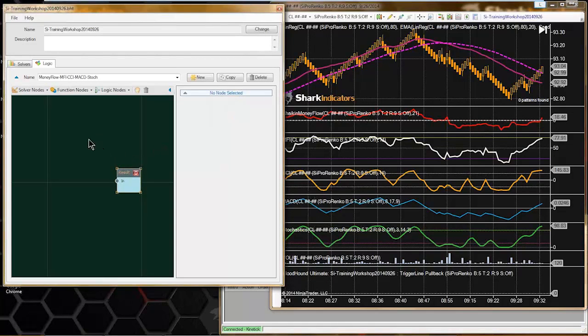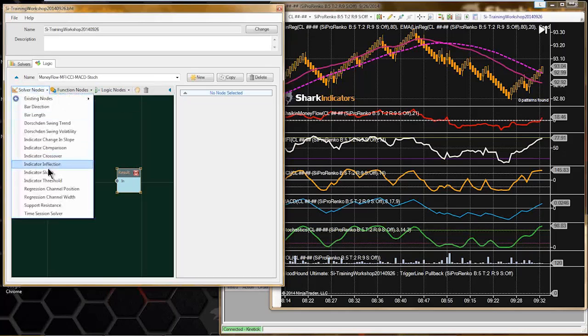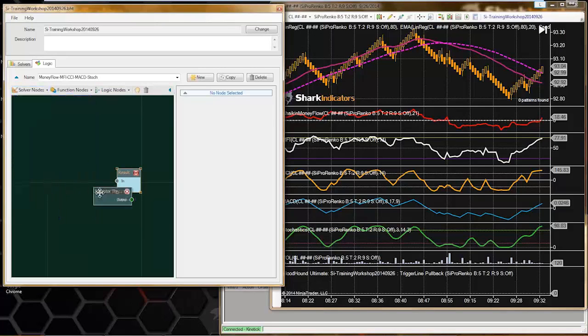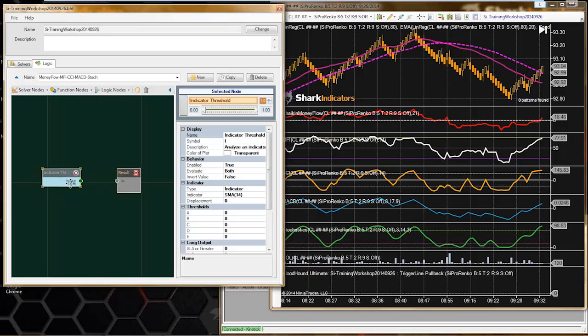Alright, so if we want to know if that's above or below 0, we'll just use the threshold. Right? So we're looking to see if it's above the 0 threshold or below the 0 threshold. And let's put this guy way up on top because I'm going to need 3 others below it.